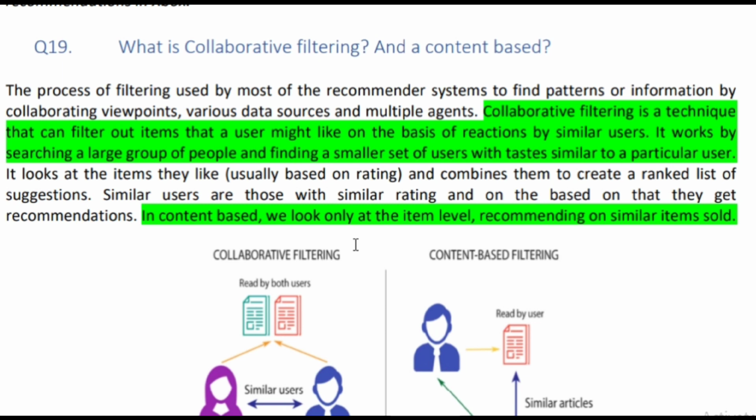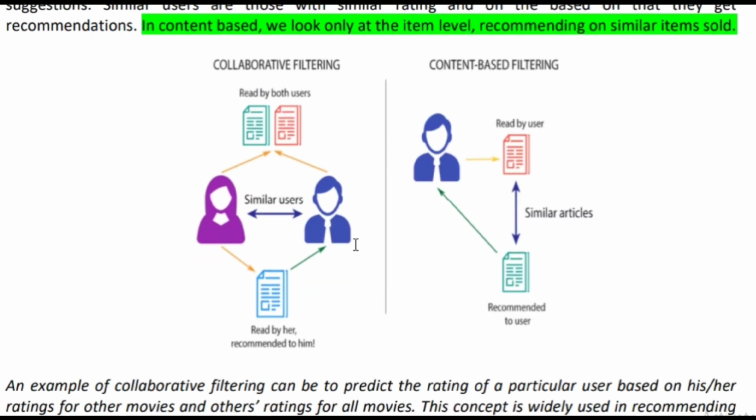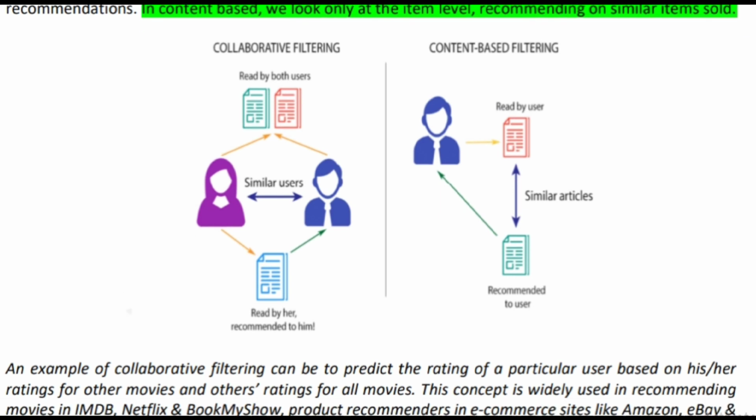An example of collaborative filtering can be to predict the rating of a particular user based on his or her ratings for other movies and others' ratings for all movies. This concept is widely used in recommending movies in IMDb, Netflix, and BookMyShow, product recommenders in e-commerce sites like Amazon, eBay, and Flipkart, YouTube video recommendations, and game recommendations in Xbox.